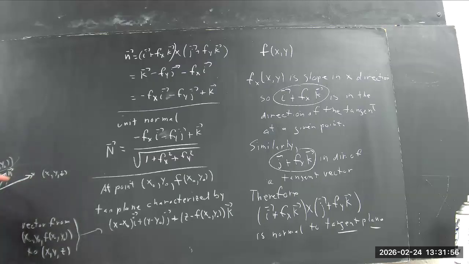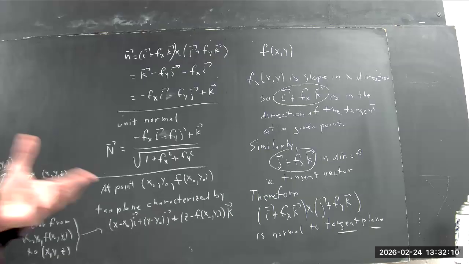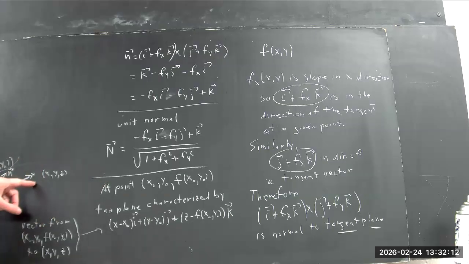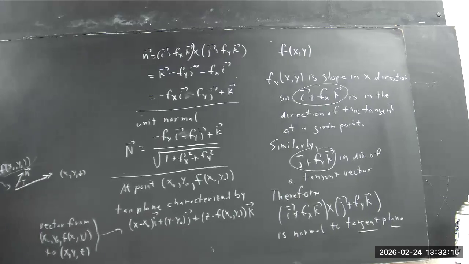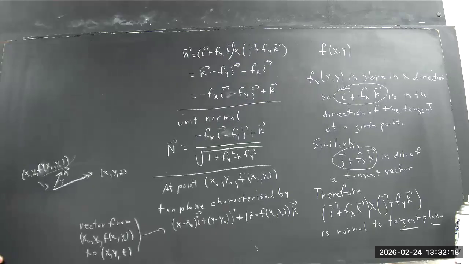If the vector from x naught, y naught and so forth to x, y, z is perpendicular to the normal vector, the point's on the plane. And only if this vector is perpendicular to the normal vector is this point on the plane. And I'm still not seeing the entire picture. There it is. Okay.